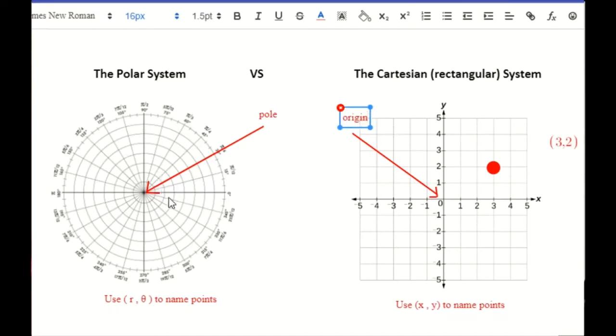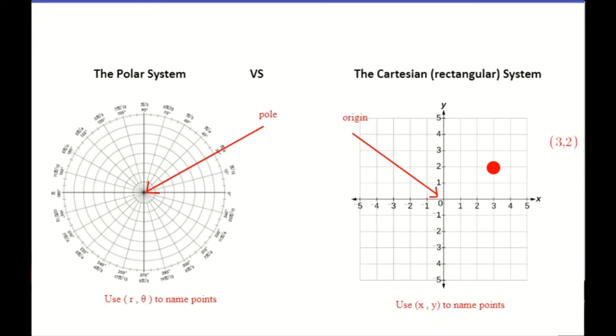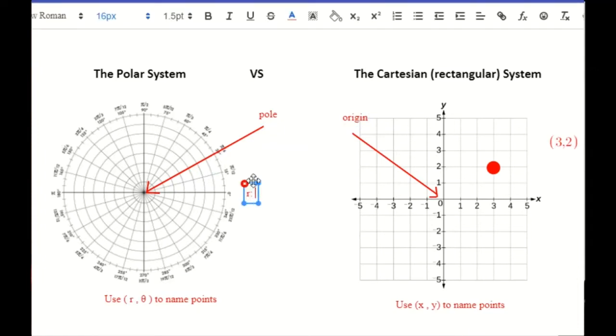So if we want to find a point on this grid, instead of going to the right and going up, we are going to identify an angle measure and then use this r value to represent the distance from the pole. So let me write that down. Okay, so the r is going to be the distance from the pole. In other words, it's the origin.